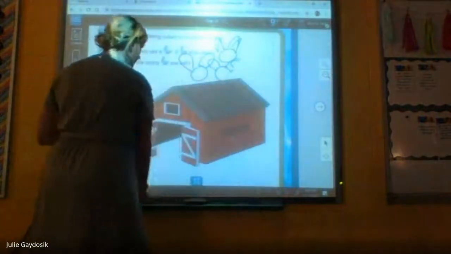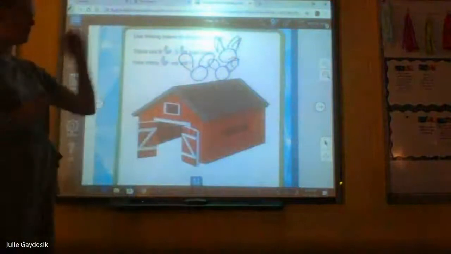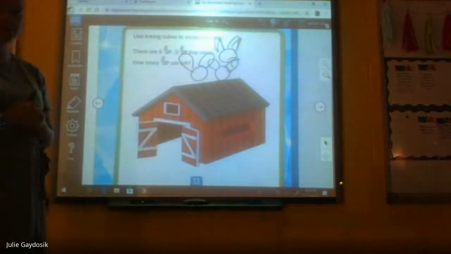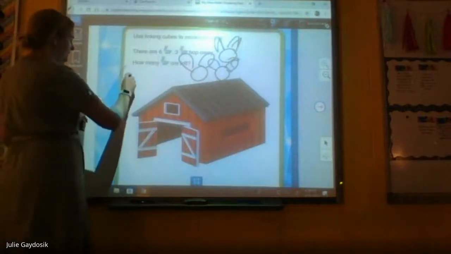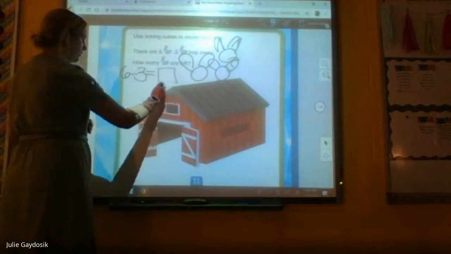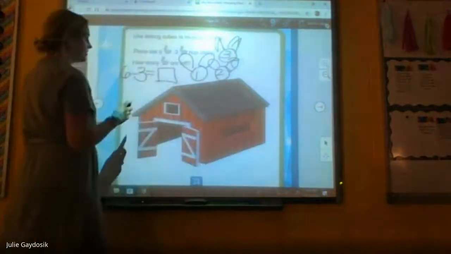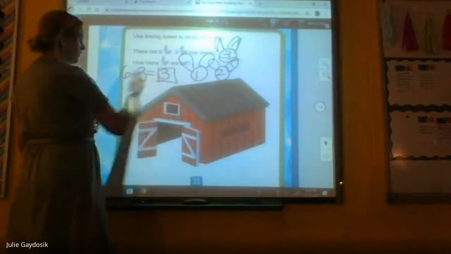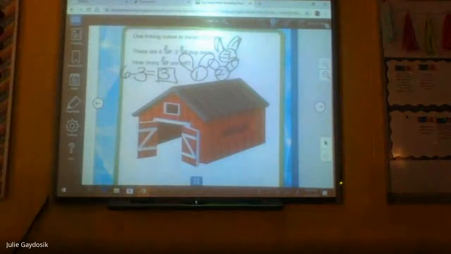Bye, bunnies. 3 bunnies hop away. How many bunnies are left? Right, if you wrote out that equation, it would have been 6 minus 3 equals unknown. And there are 1, 2, 3 bunnies left, so that equals 3. Okay? You could have had something like this next to your barn or at the bottom of your barn.